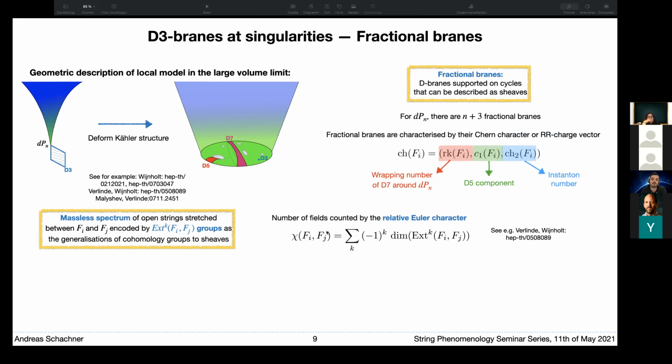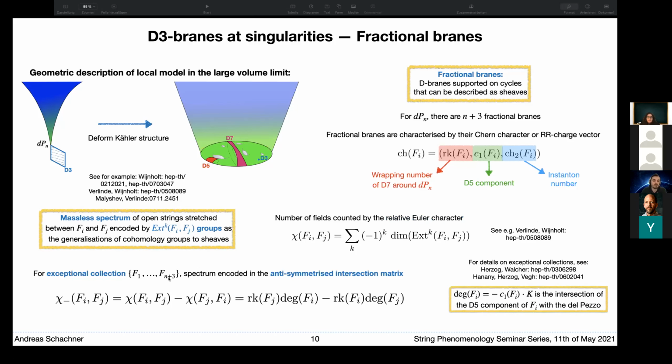For today's purposes, it's sufficient to compute the number of states appearing between different fractional branes, which can be computed using this relative Euler character, which is a weighted sum of the dimension of these groups. And for further details, you can have a look, for example, at this nice reference by Bergman and Weinhold.